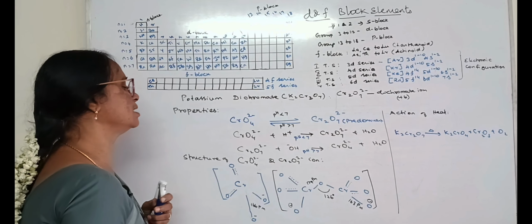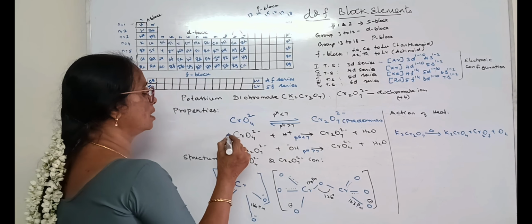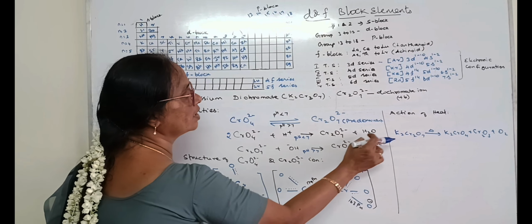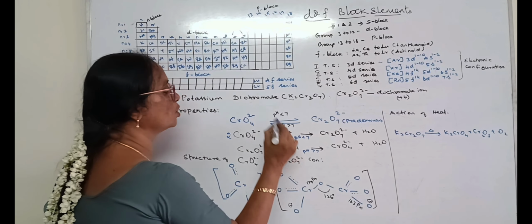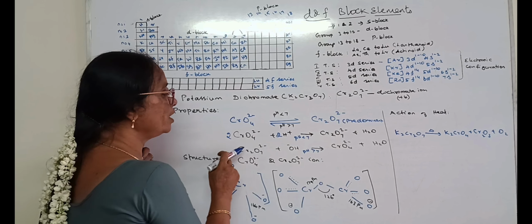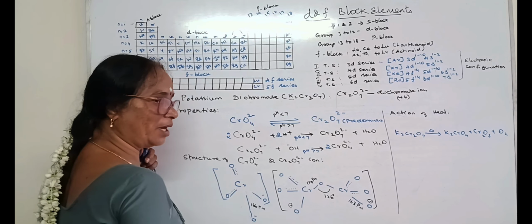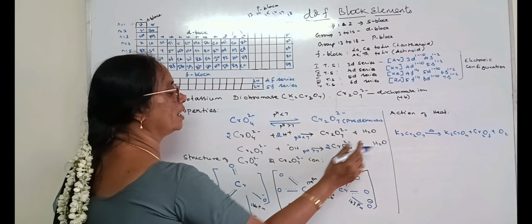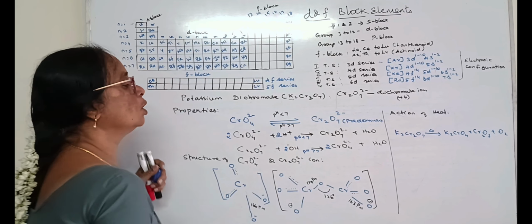You can balance the reaction, very simple. Cr2, so it is multiplied by 2 Cr, 8 oxygen, 7, here 8 hydrogen 2 times, so it is multiplied by 2. And in the case of dichromate, chromium 2 times, so chromate is multiplied by 2, and OH minus is there, we have to take 2 hydrogen, and hence this is also 2 times.